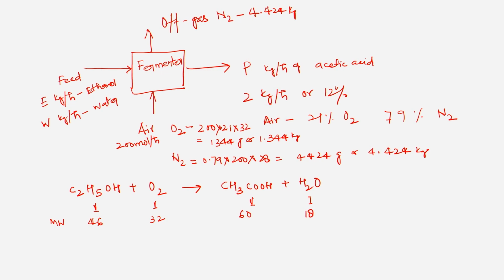Now, here let us assume T equals 1 hour. So, how much acetic acid is formed? In 1 hour, 2 kg of acetic acid will be formed.